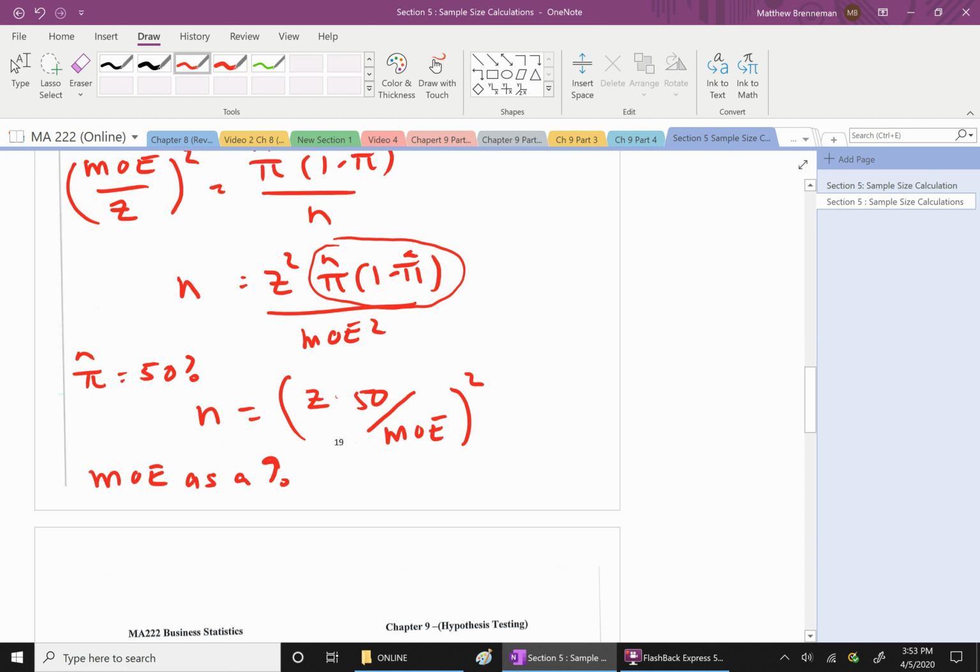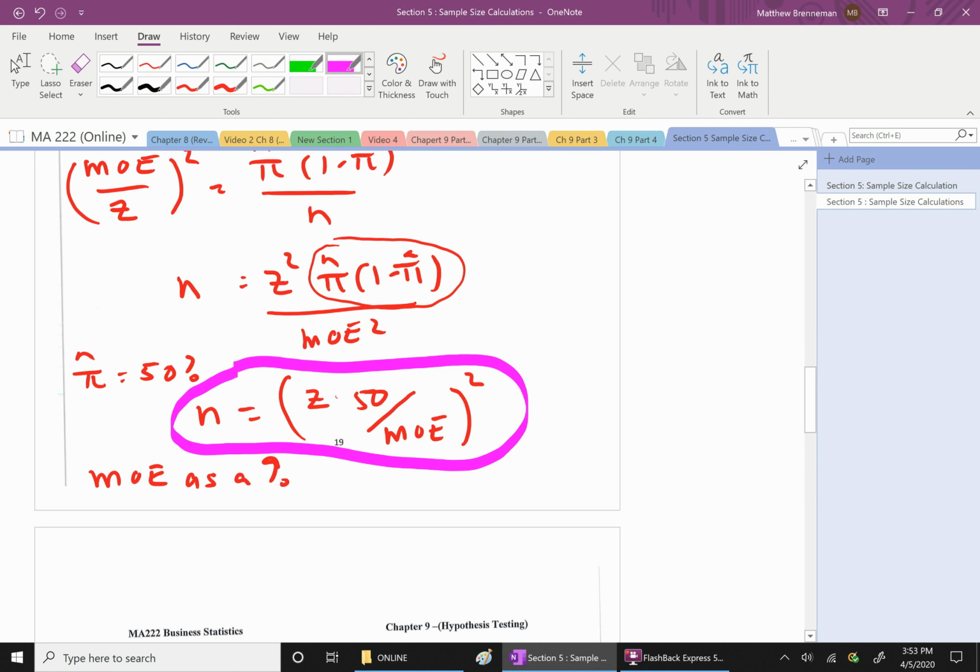And this is a sample size calculation. So this tells me what sample size I need if I'm doing a population percentage confidence interval.